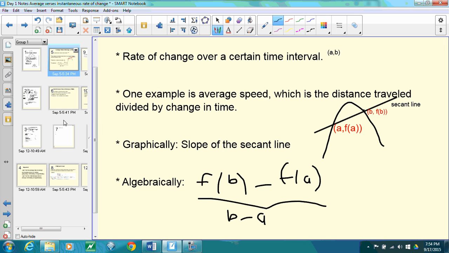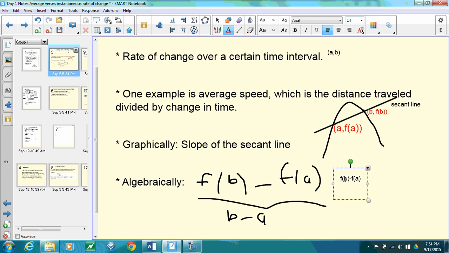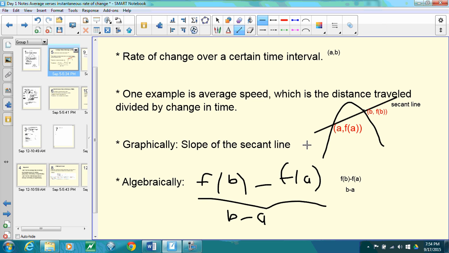I'm using my mouse, which is hard to use to write. So f of B minus f of A, and then all over B minus A. There, that's a little better. So that's the formula algebraically for average rate of change.